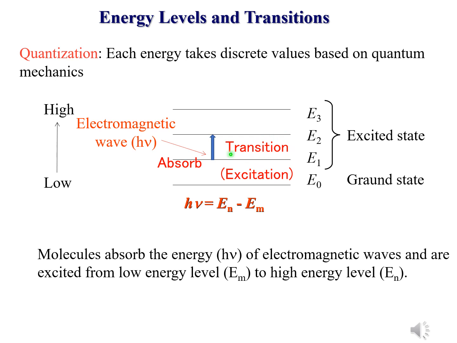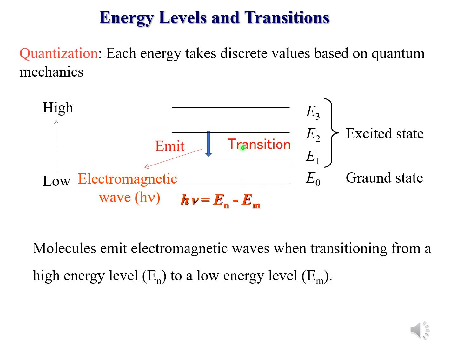When the energy difference between the N level and the M level matches the energy of the electromagnetic wave, that is, the product of Planck's constant and frequency, the electromagnetic wave may be absorbed by the molecule and a transition may occur. Conversely, electromagnetic waves can be emitted when transitioning from a high energy level to a low energy level.